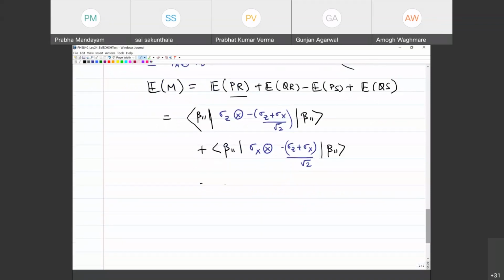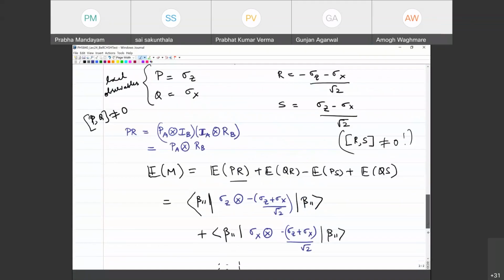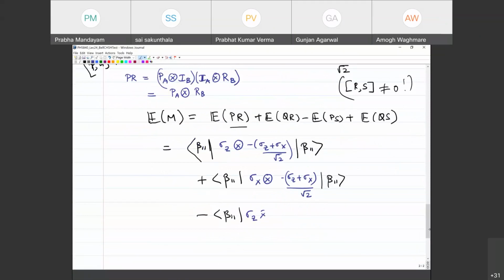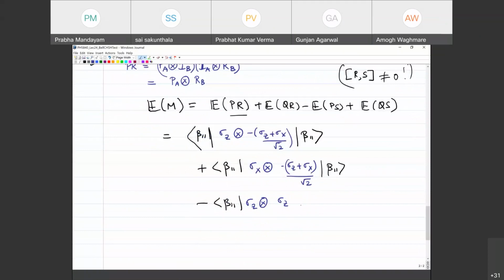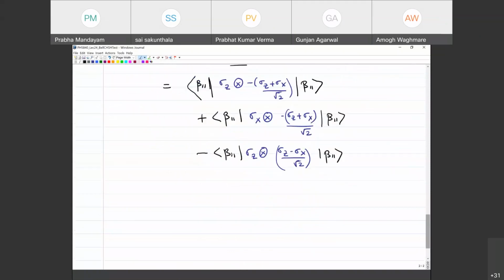It's minus beta 1,1, PS, so P is again sigma Z, tensor Z minus X by root 2. Then you have the last term, plus beta 1,1, sigma X tensor sigma Z minus sigma X by root 2.